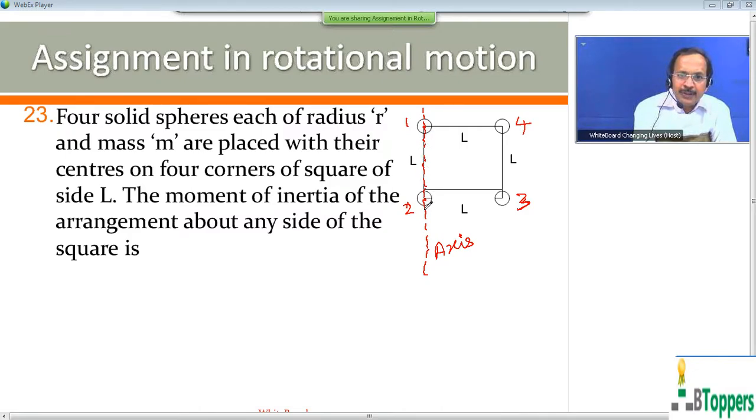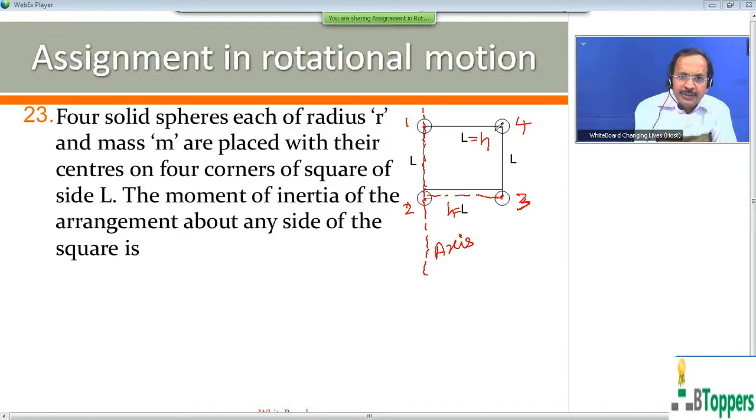So for the first and second spheres, the axis is passing through their center of mass. For the third and fourth spheres, the axis is at a perpendicular distance h equal to L from their center of mass. That means for the third sphere, the axis is at a perpendicular distance h equal to L from its center of mass.